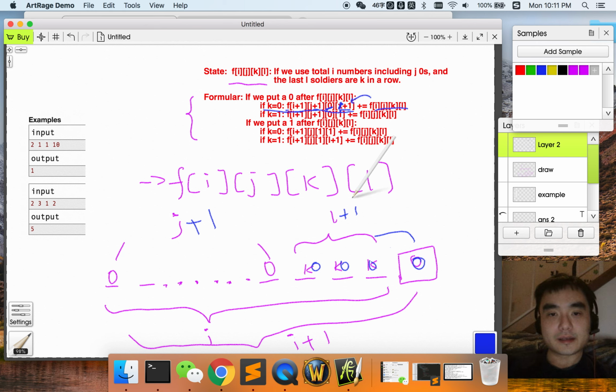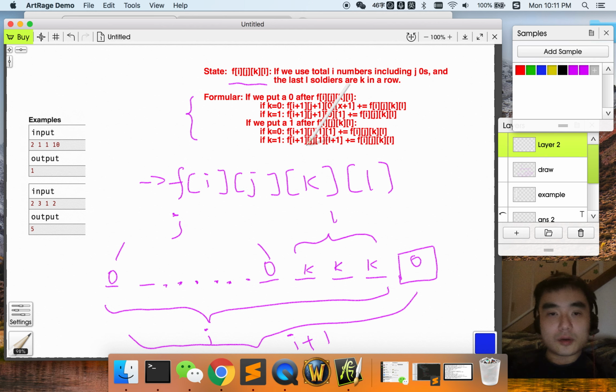If we already calculated this state, then we can add the value of this state into the value of this state, right? That's the way we used to calculate all of the states in the problem, right?